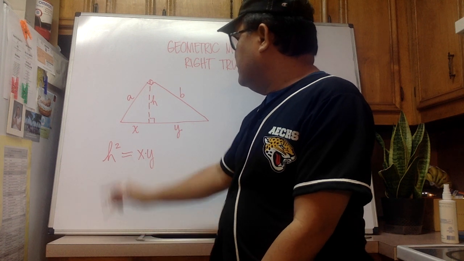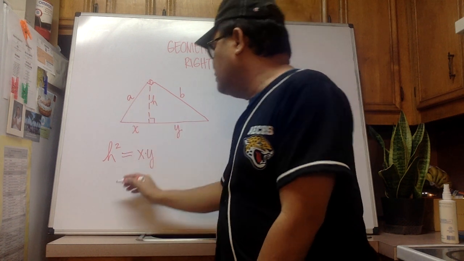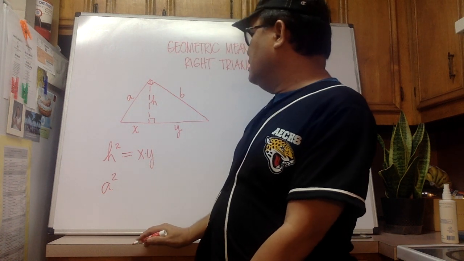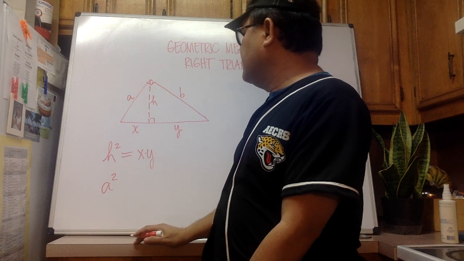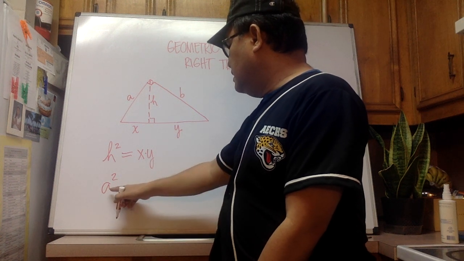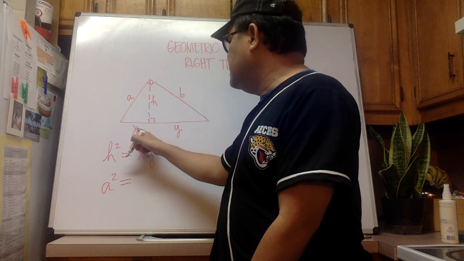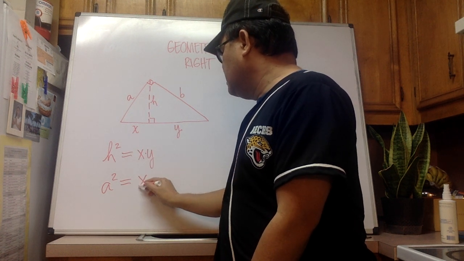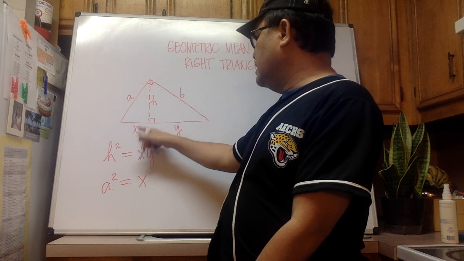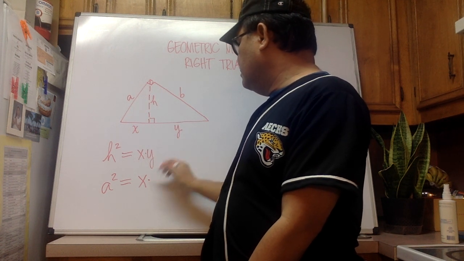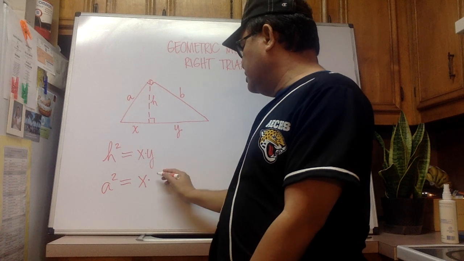Then if we look at side A over there, which is one of the legs, if you square it, it will be equal to this side X, the side adjacent to it, multiplied by the whole hypotenuse.